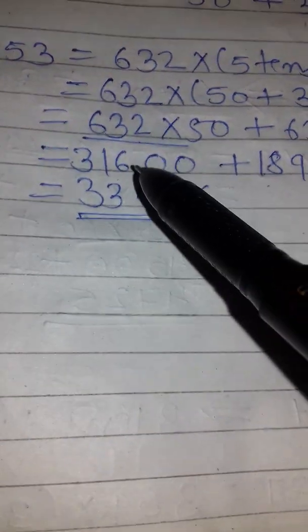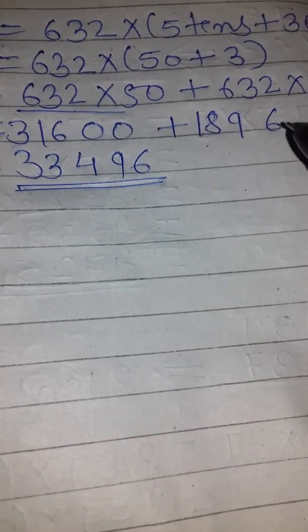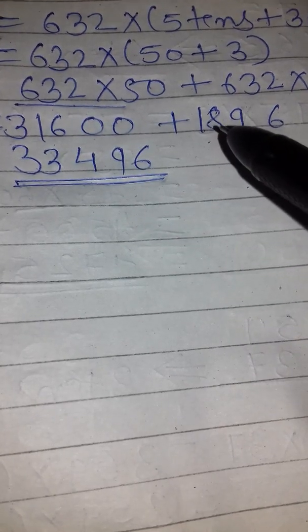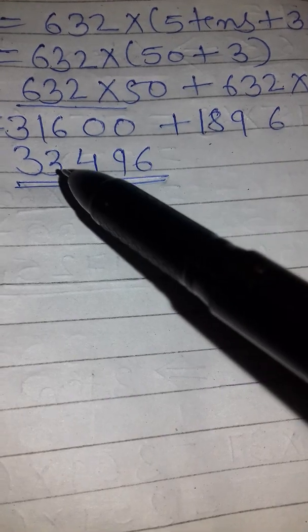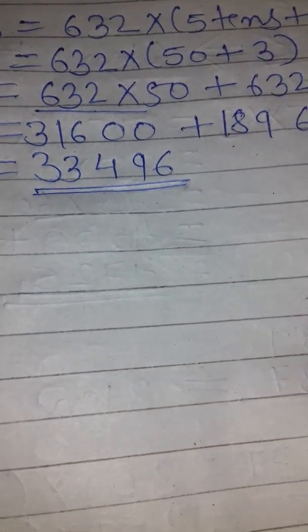And finally when we add these numbers, we get 0 plus 6 is 6, 0 plus 9 is 9, 6 plus 8 is 14, 1 carry, 1 plus 1 is 2, 2 plus 1 is 3, and this 3. So our product will be 33496.